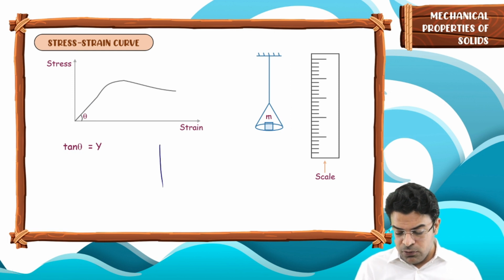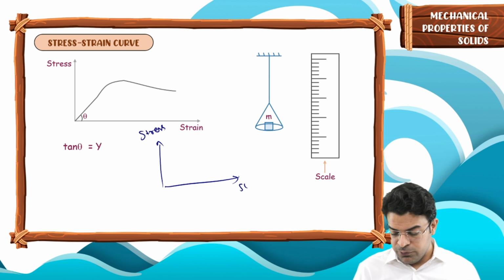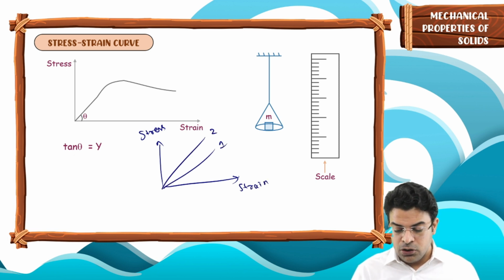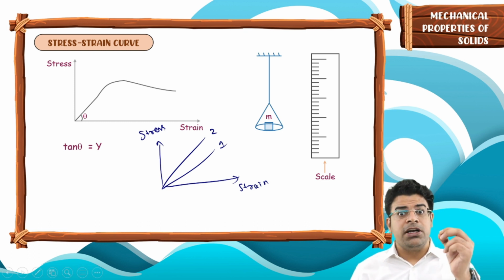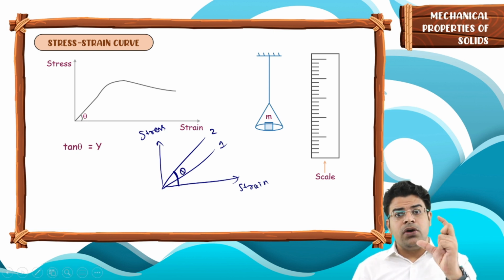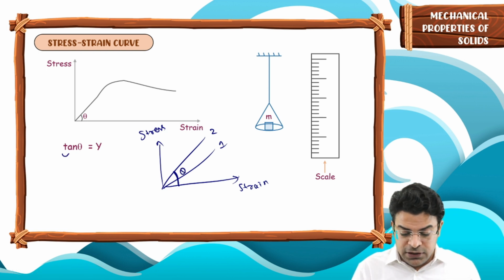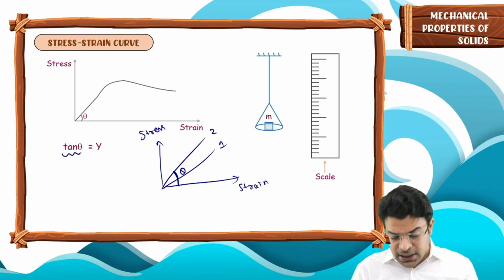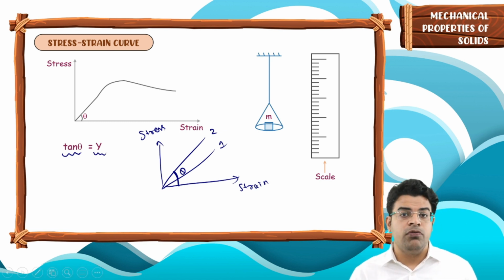So if they give you the stress strain graph within the proportional limit and give you two materials, material 1, material 2, they might ask you which material has higher Young's modulus. Material 2 has a higher value of theta, so the value of tan theta for material 2 will be higher. Hence, the Young's modulus for material 2 will be higher.